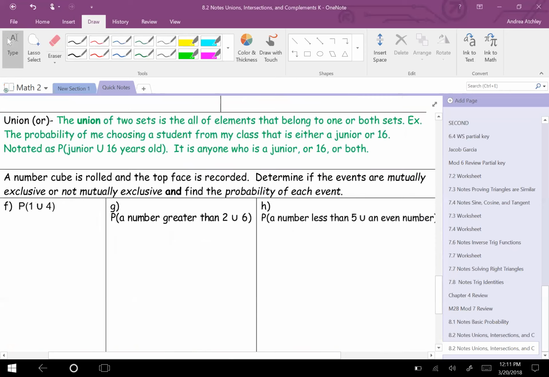The union of 2 sets is all of the elements that belong to one or both sets. Sorry, that's worded poorly.